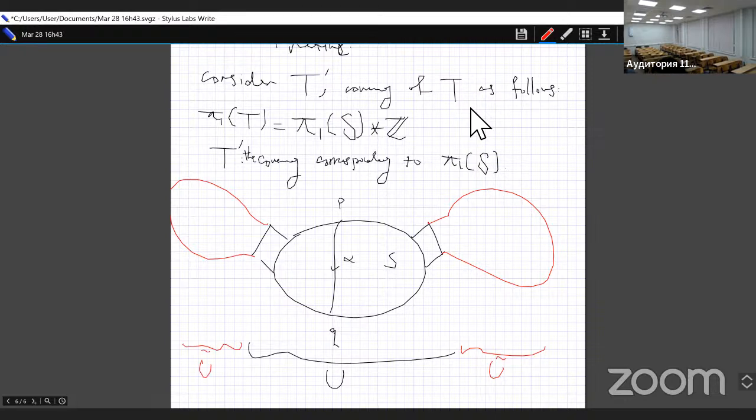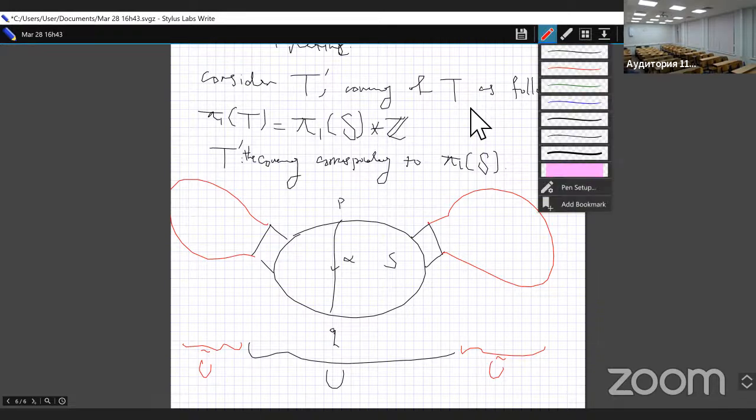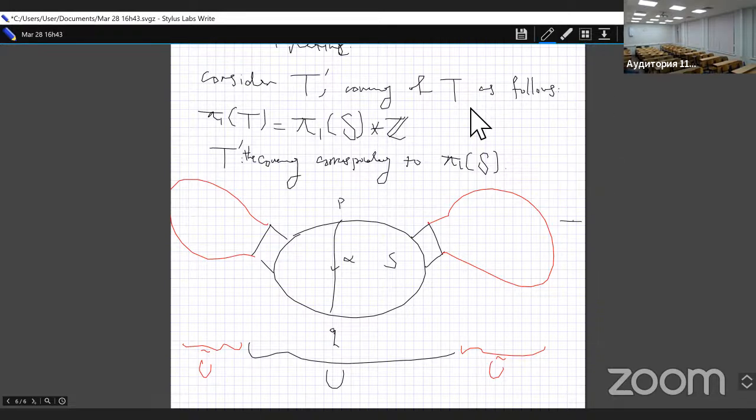Is it clear that this covering, I mean, this is C prime? Is this the covering corresponding to this subgroup?